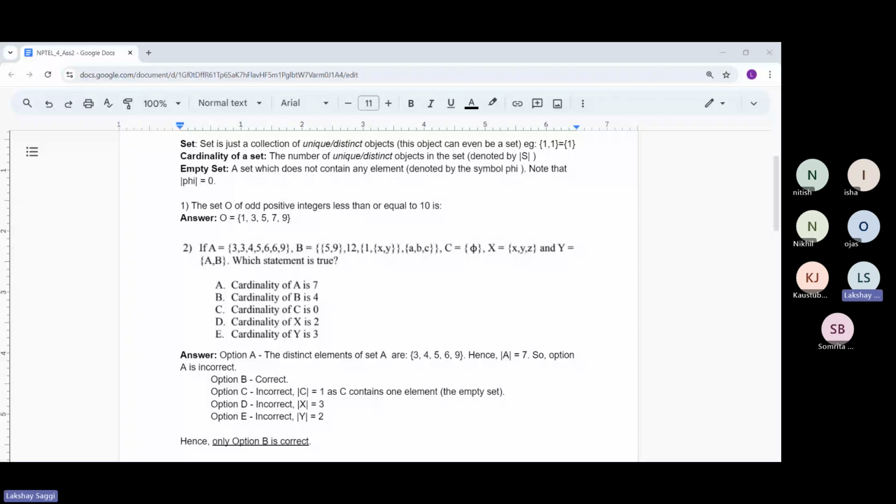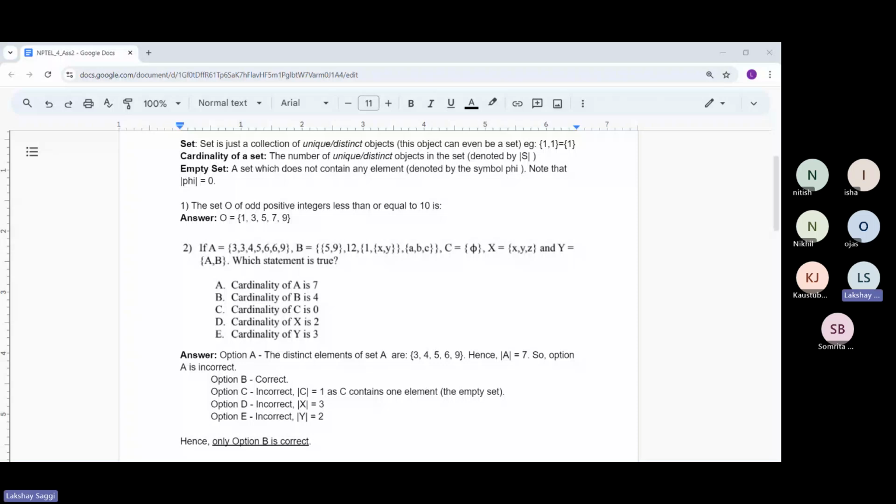So note that it is a subset, not an element, of every set. For it to be an element, we have to write explicitly that it's an element. But yeah, maybe just leave it as it is. Okay, so I hope this is clear to everyone. Otherwise, you can ask me in chat if it is not clear to you.